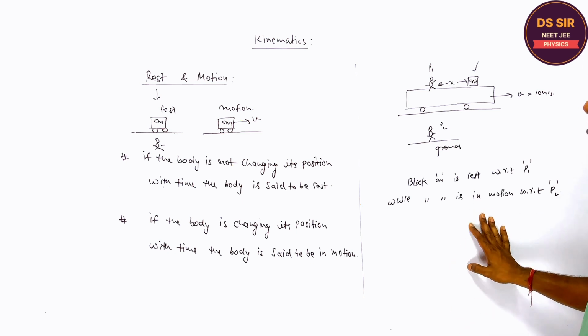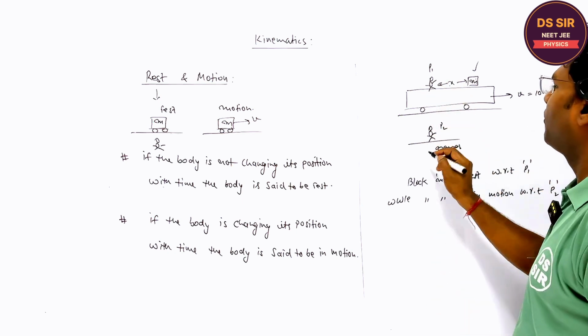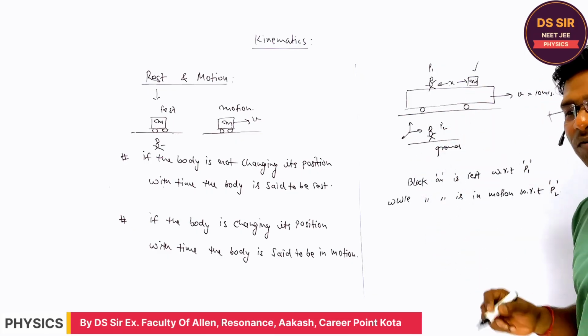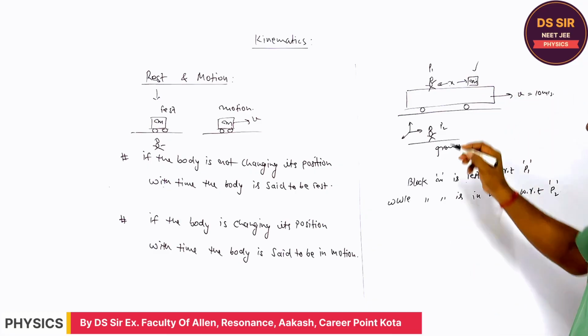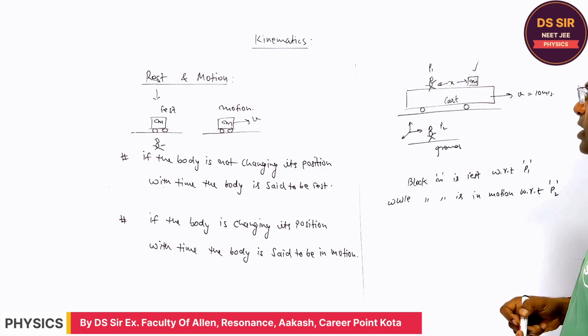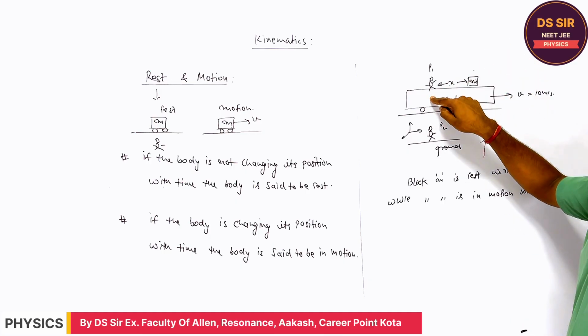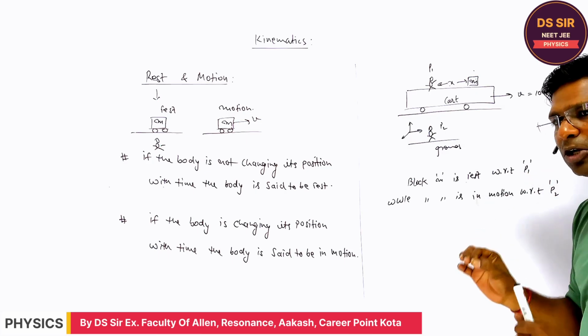What is the difference? The difference is of the frame of reference. If the frame of reference is the ground, that is, you are observing this block from the ground, then its velocity is the same as the velocity of this cart. But if you are observing the same block from the cart itself, it is not changing its position and therefore it is said to be at rest.